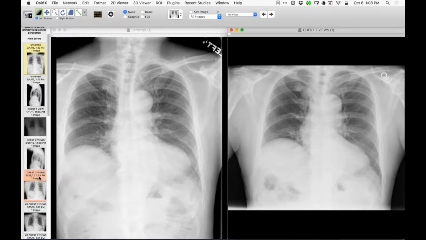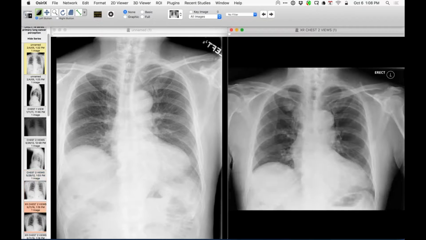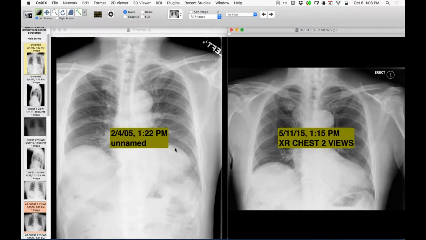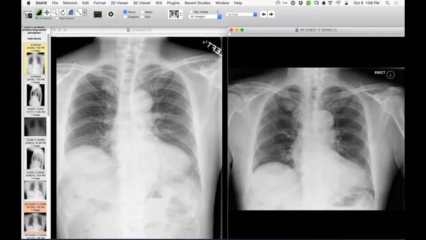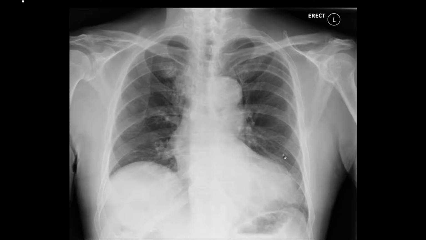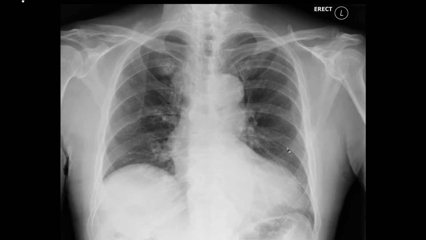Let me go forward in time to 2015, so that's about 3 years after that. Again, alongside we have the comparison from February 2005 and 2015. Here I'll just make this one a bit bigger, like that, and give you a moment to look at that.